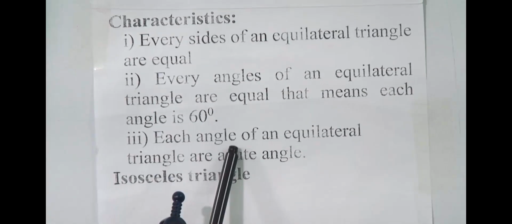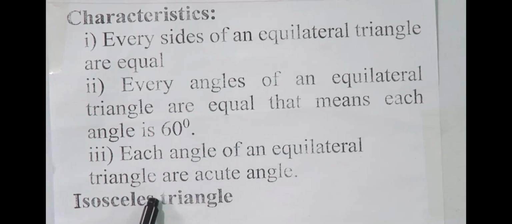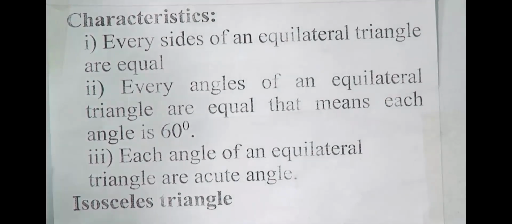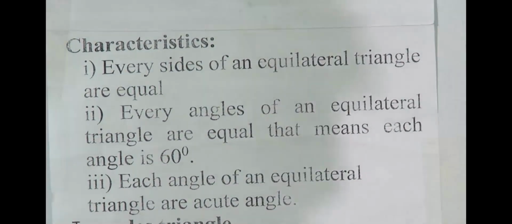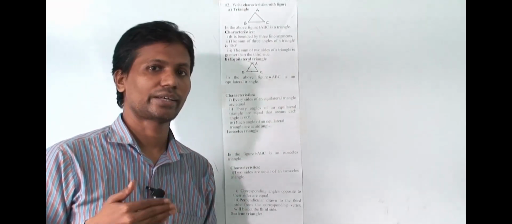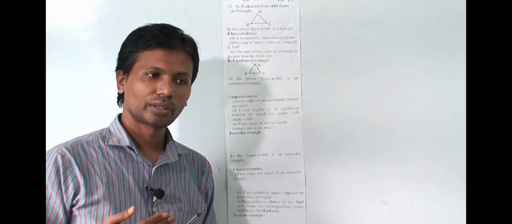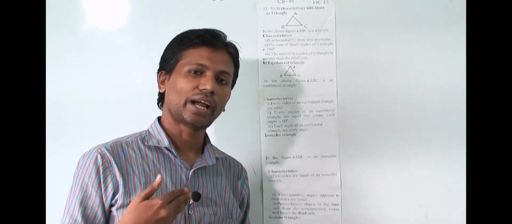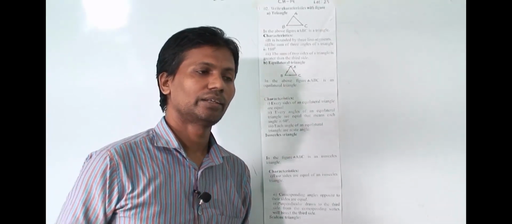So I have written here that the angles of an equilateral triangle are acute angles. What is meant by acute angle? An acute angle means every angle is less than 90 degrees. It may be 35 degrees, 60 degrees, 45 degrees, less than 90 degrees.